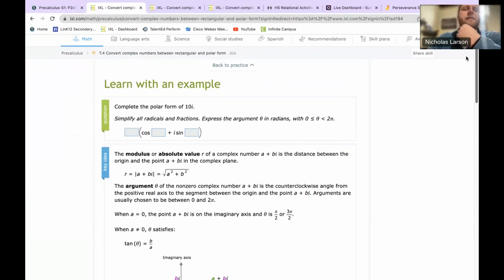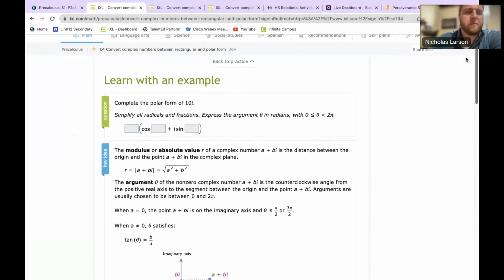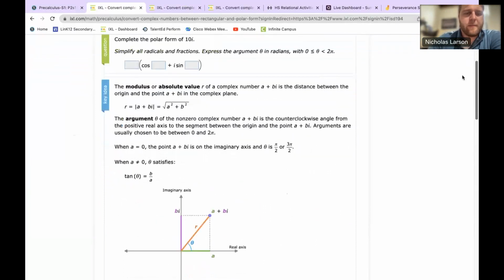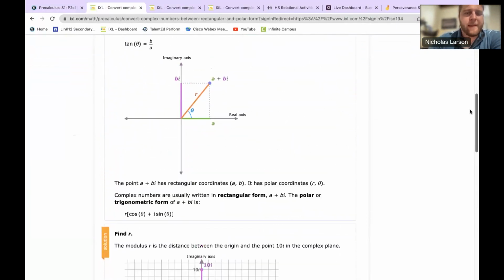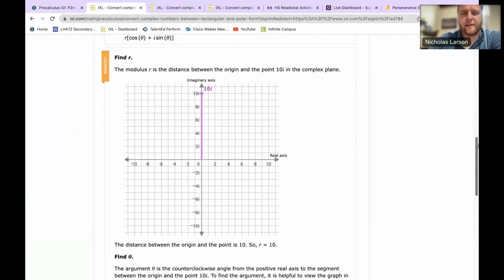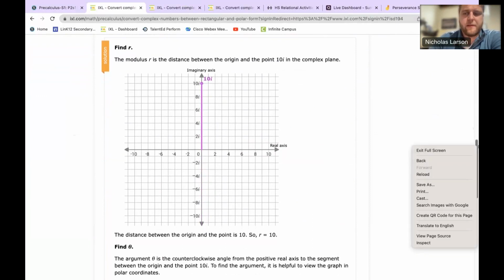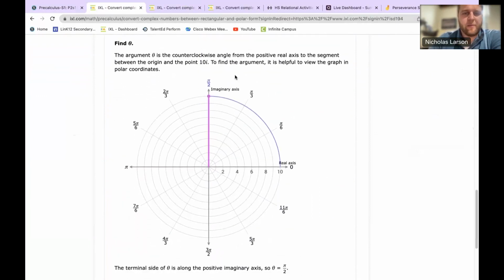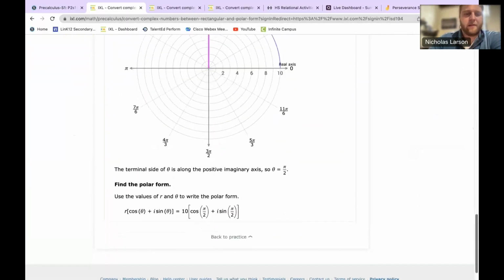Last but not least, if we look at this one, complete the polar form of 10I. Same deal. 10I has an R value of 10, and it's going up. This is going to be similar, where it's going to be on my pi over 2 for my theta.